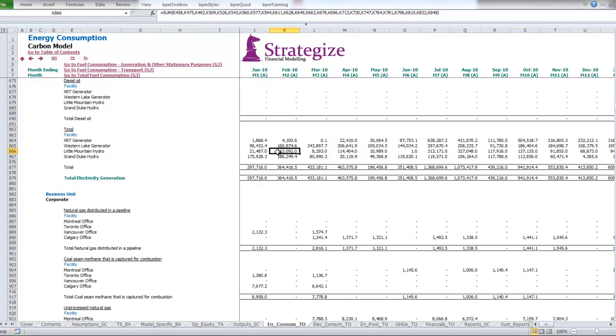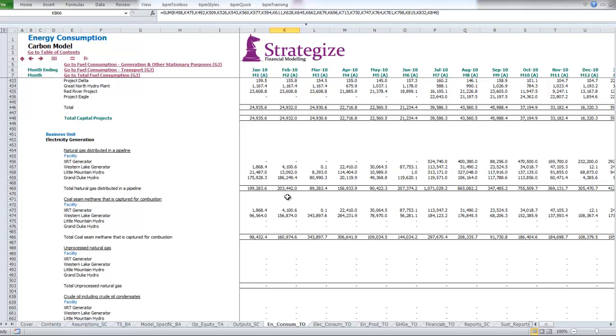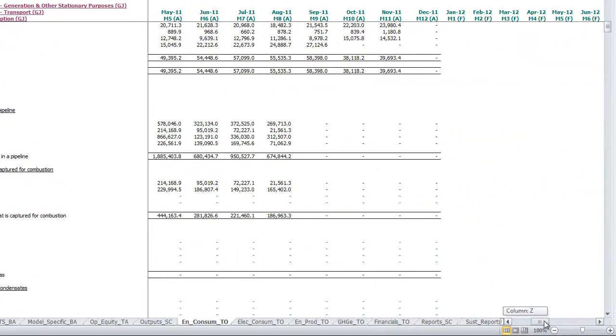But once the model has been built, it's very easy and seamless to maintain and update it on a month-by-month basis, as we can see here.